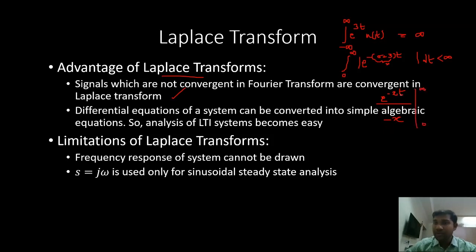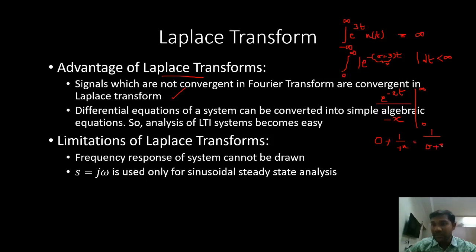Now if I substitute infinity in place of t, what will I get? E power minus infinity, that is 0, minus, if I substitute 0, I'll get 1 by minus x, that is 1 by x. Now what is x? X is sigma plus 3.